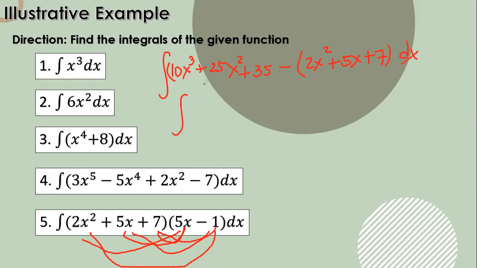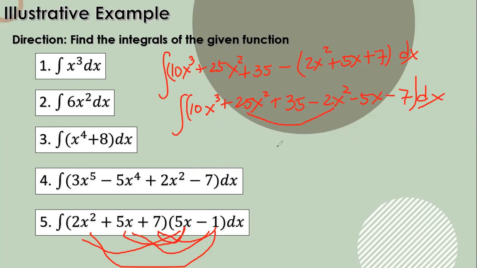So, let's simplify. 10x cubed plus 25x squared plus 35x minus 2x squared minus 5x minus 7 dx. First, let us combine like terms, the ones with x squared.